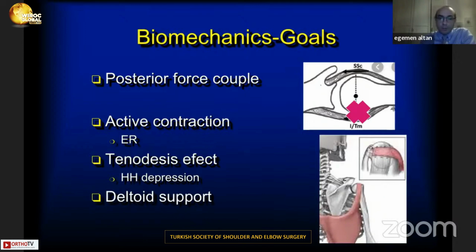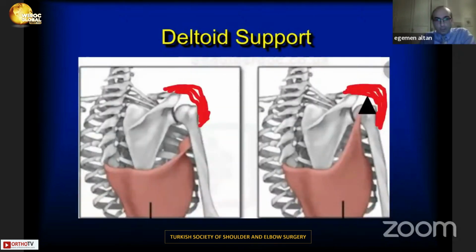The most important one is to maintain posterior force coupling and also to gain external rotation with active contraction. Tenodesis effect is also another important issue to depress the humeral head. And also this latissimus transfer acts like a fulcrum for the deltoid support, as you see in this schema.